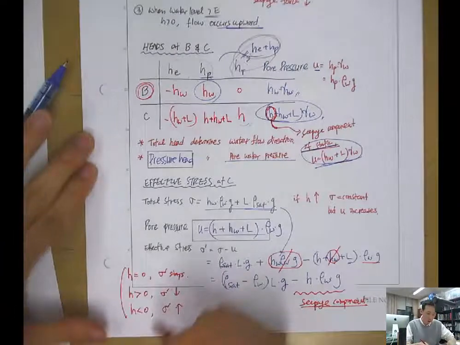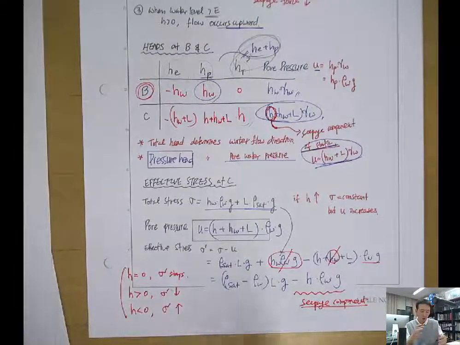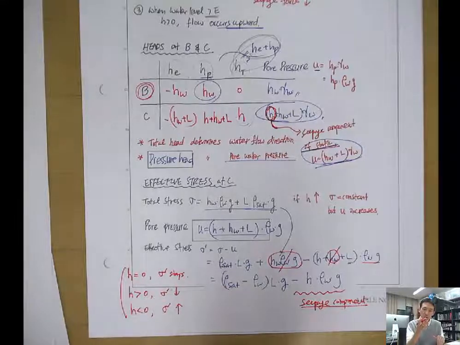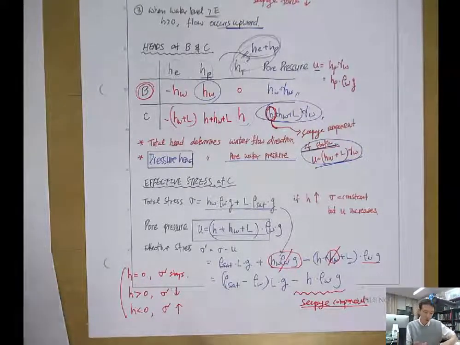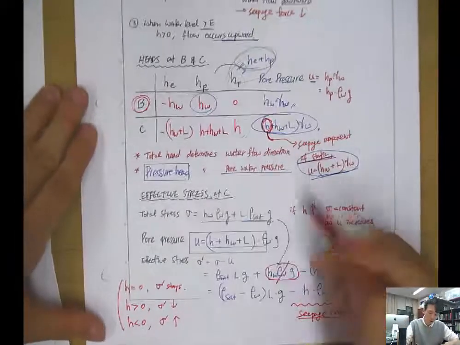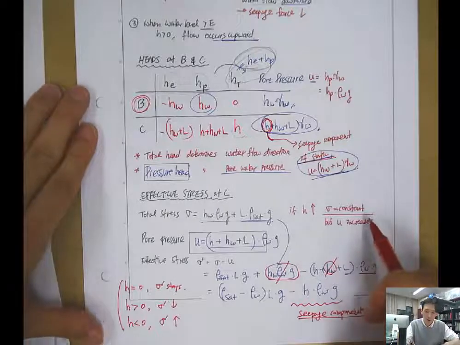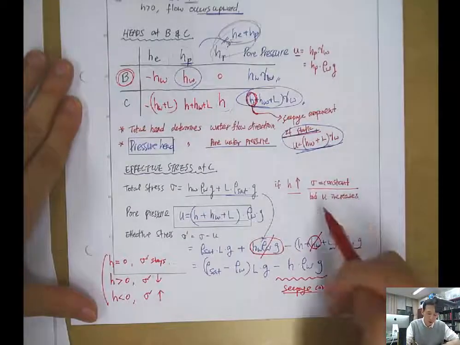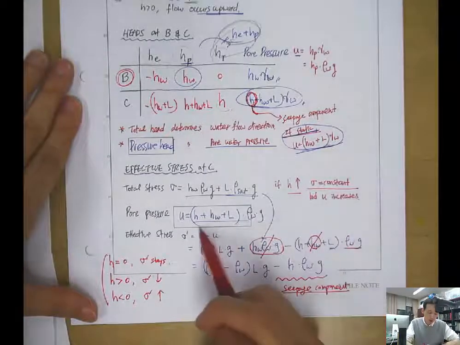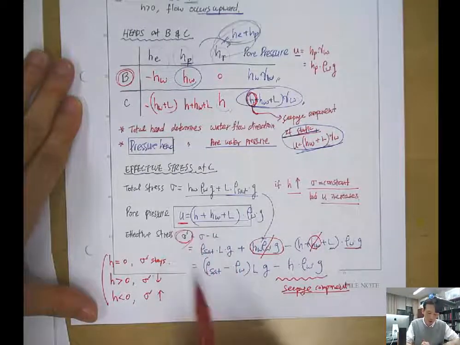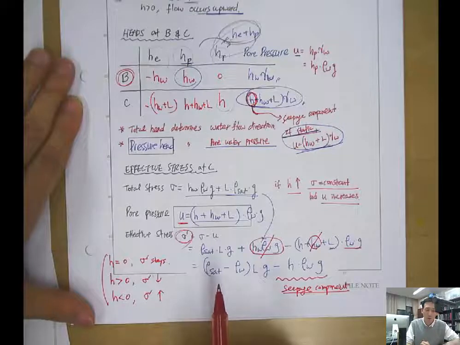So depending on the direction of the water, it will change the effective stress. With upward flow, effective stress decreases, and with downward flow, effective stress increases. If you have upward flow, as H increases, because the total stress is constant and the pore pressure increases with the increasing H, at some point this effective stress can go to zero, right?